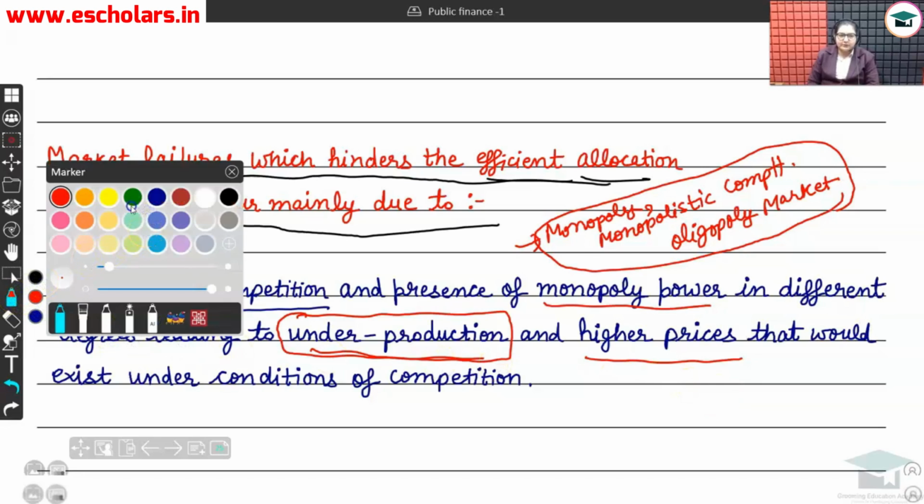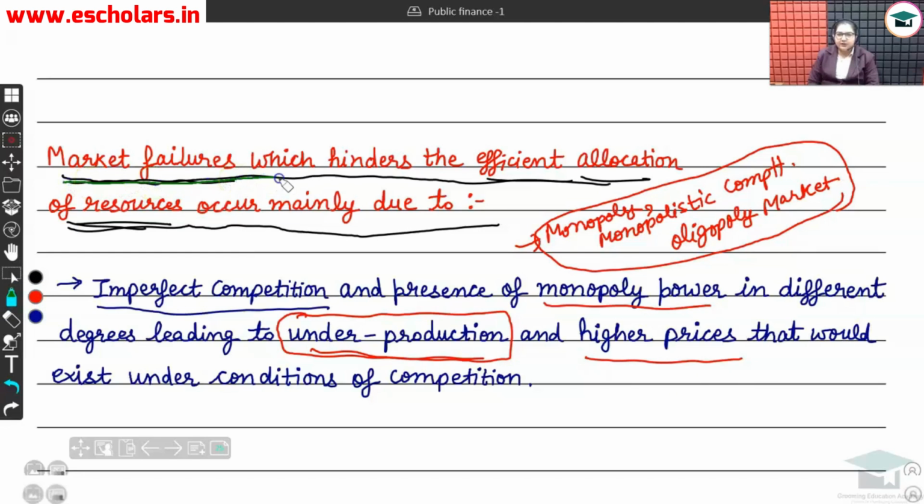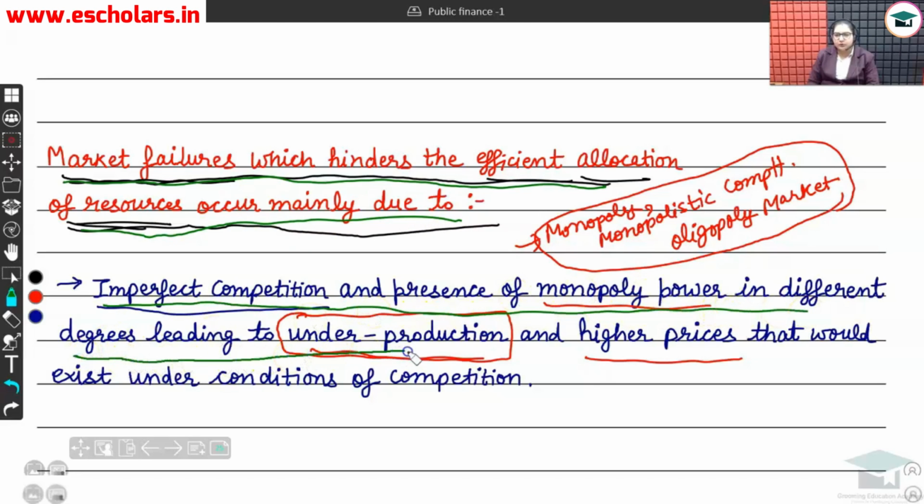So let's recall it till now. Market failures which hinder the efficient allocation of resources occur mainly due to imperfect competition and presence of monopoly power in different degrees, leading to underproduction and higher prices. As we know, monopoly power is also present in monopolistic competition and oligopoly market along with the monopoly market. But yes, the degrees of monopoly power present in different market forms are different.